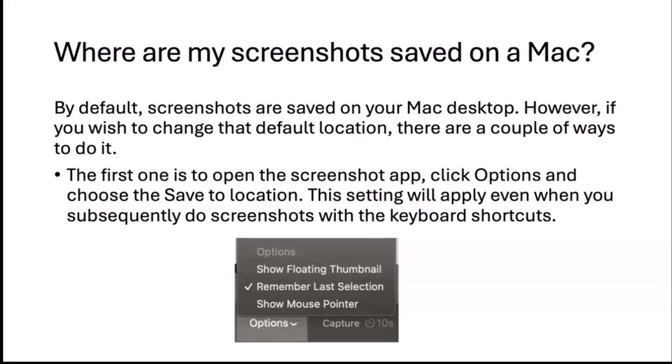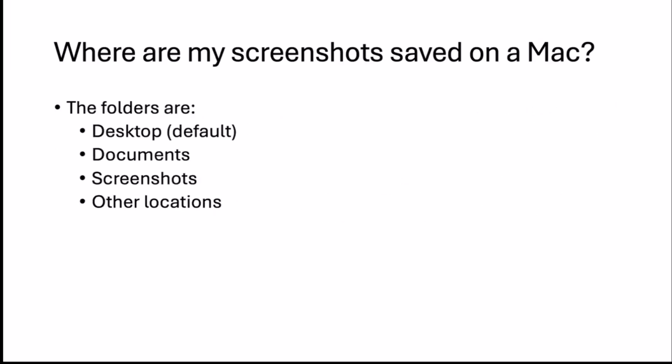This setting will apply even when you subsequently take screenshots with keyboard shortcuts. The folders that are available are the desktop, which I said is the default, documents, screenshots, and there are other locations that you can select from in the app.